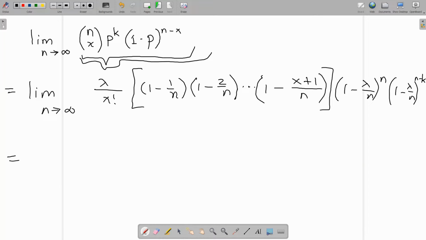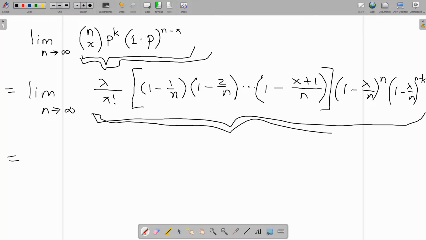Next, remember that this is a product of many terms. So what is our limit rule? We can simply take the limits of the factors.